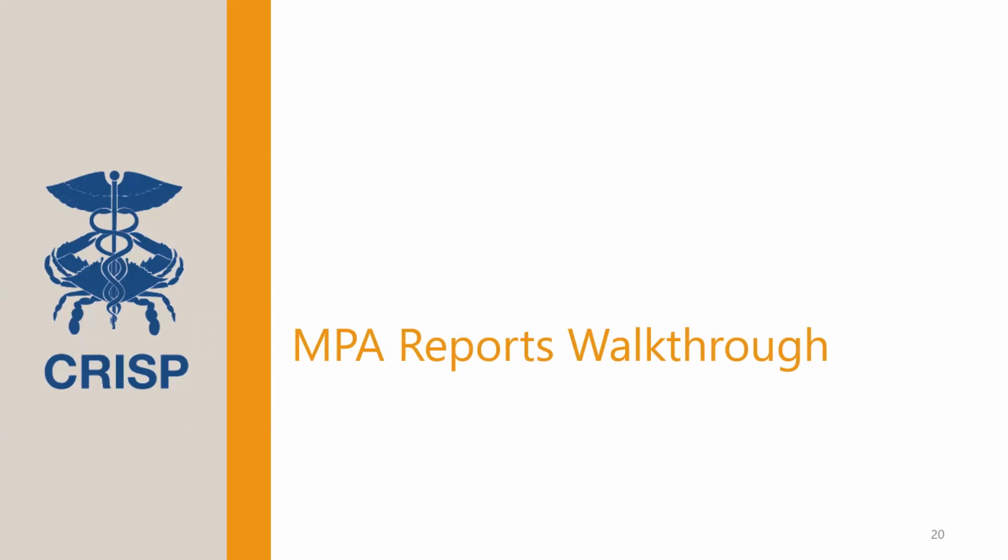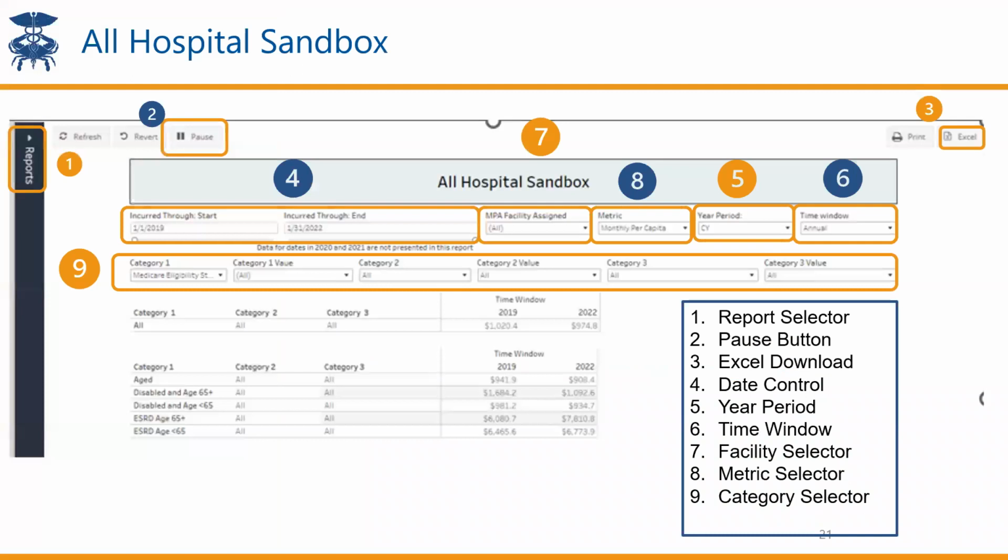Now I will go through in detail the tabs available under the MPA Year 5 monitoring reports. All right, so this slide looks a little complicated, but the reason I set it up this way is so that you can visually follow along as I go through the different report components available to you under the sandbox.